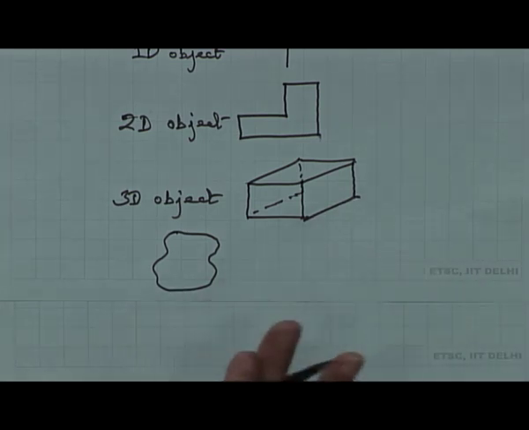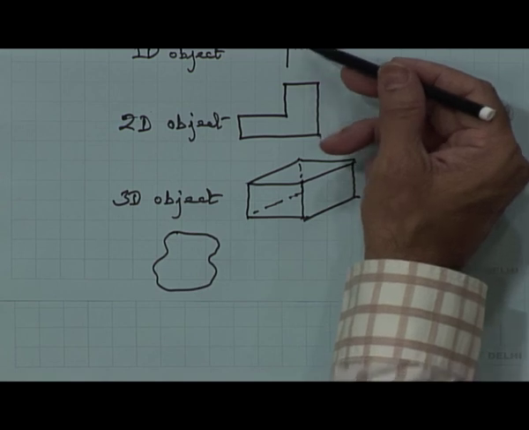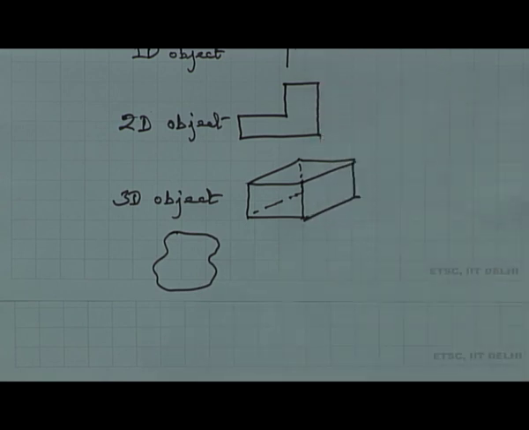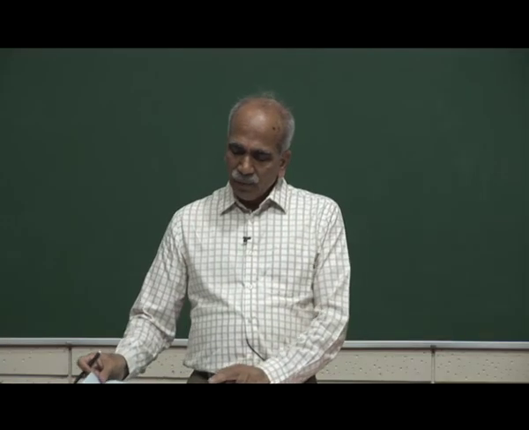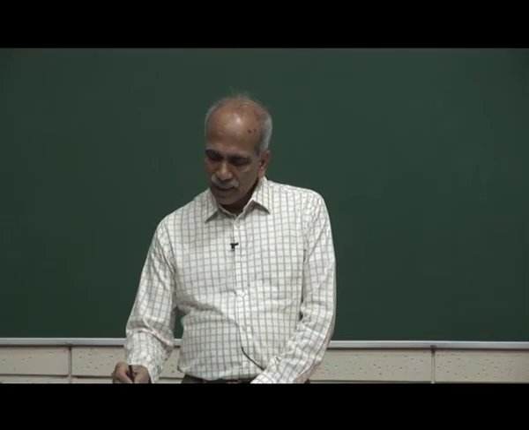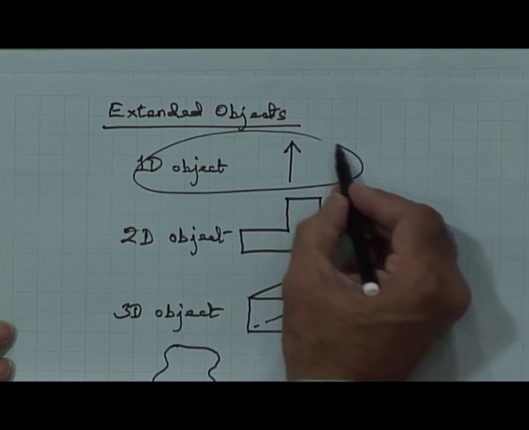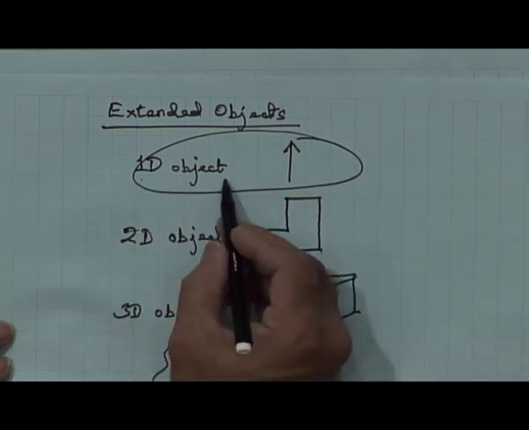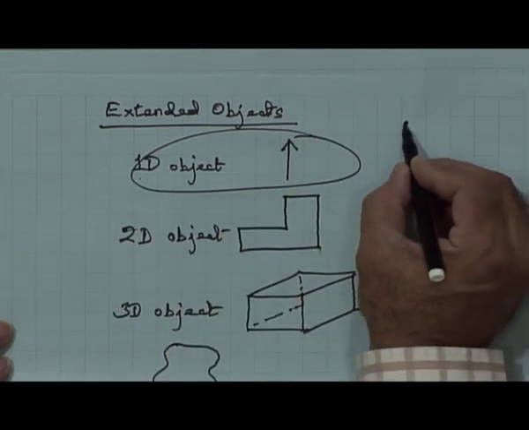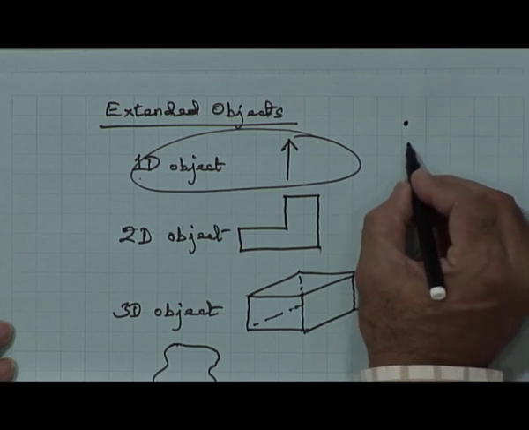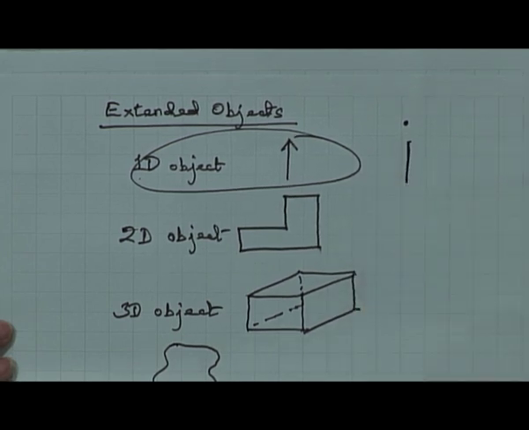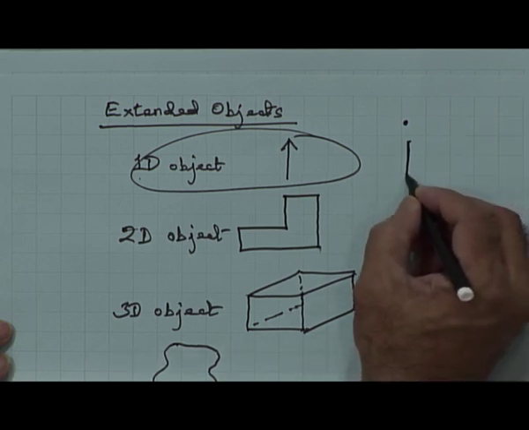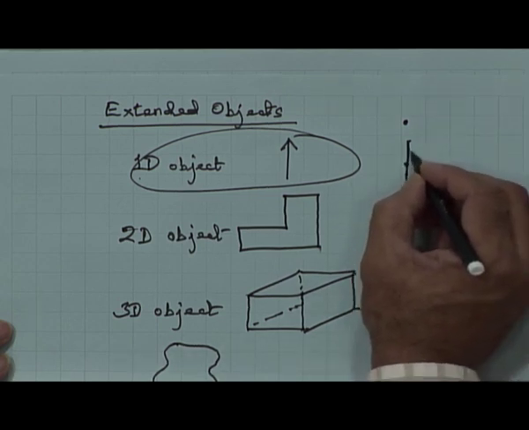We first discuss some of the regular objects and image formation due to regular objects. The first step would be to discuss image formation due to a 1D object, that is, we have discussed a point object. Now, let us look at a line object, which means it comprises many points here.